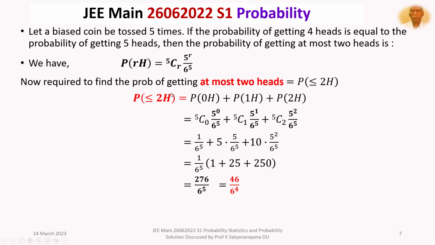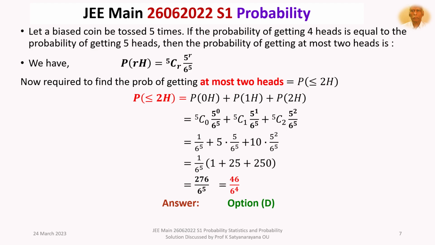Therefore, the probability of getting at most 2 heads is 46 by 6 to the power of 4. That is our answer, and the answer is in option D.